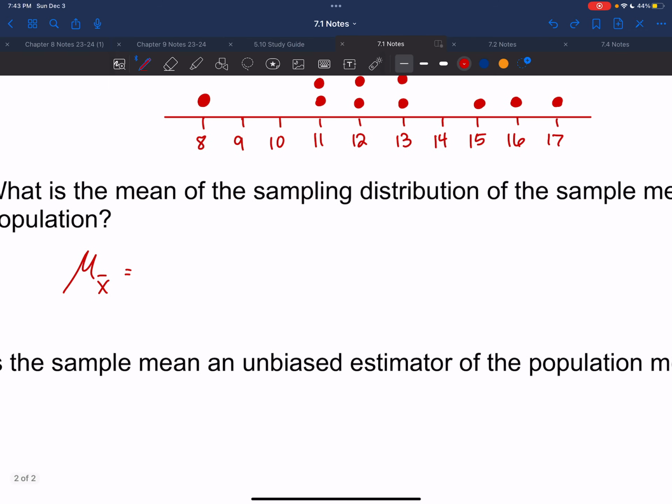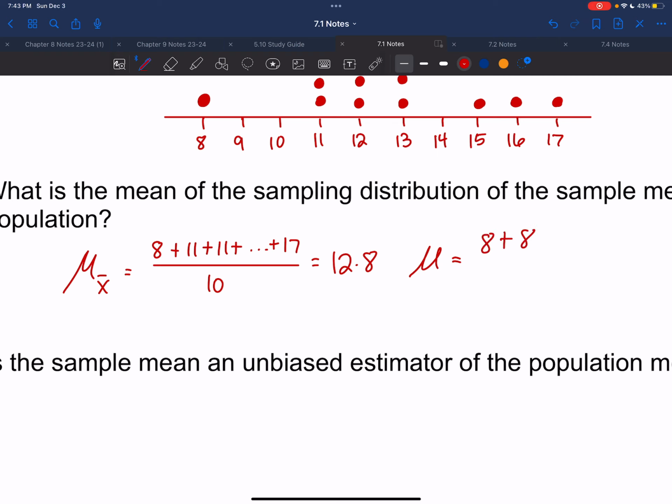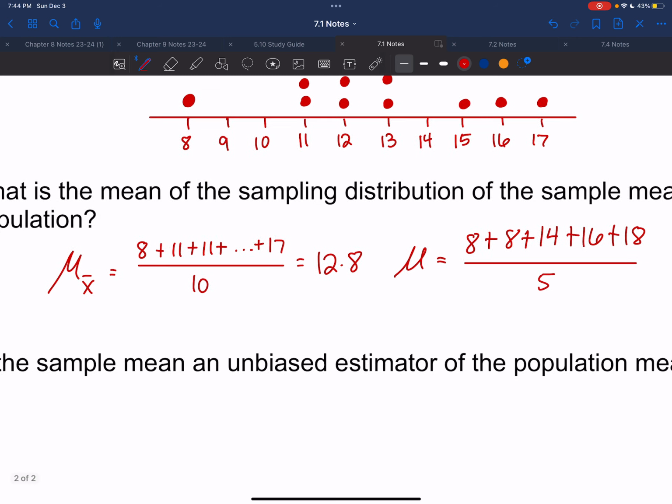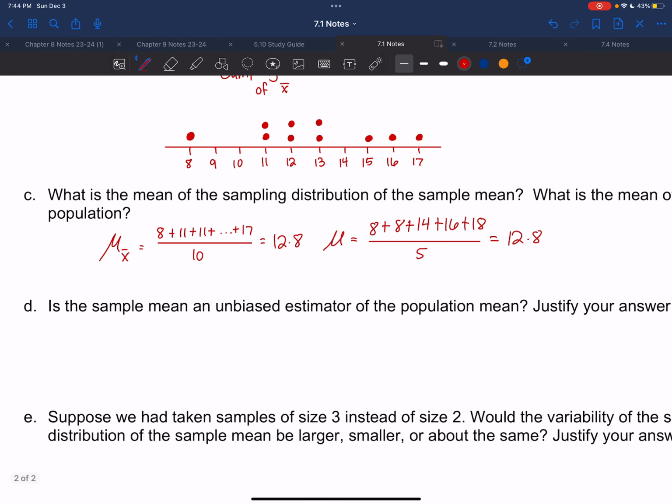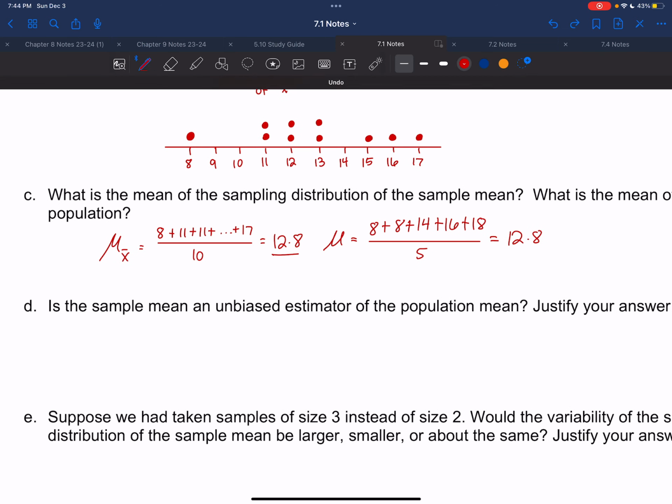I've got 10 dots, so I'm going to have 8 plus 11 plus 11 plus all the way up to plus 17, because that's my highest, divided by 10, because that's how many dots I've got, and my final answer is 12.8. And now if I do it for the population, I'm going to have 8 plus 8 plus 14 plus 16 plus 18 divided by 5. And I'm also going to get 12.8. So both of these numbers are exactly the same. Got 12.8 for the samples, 12.8 for the population.